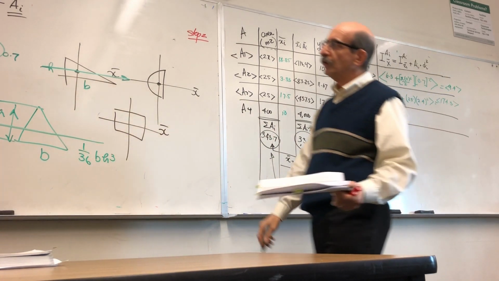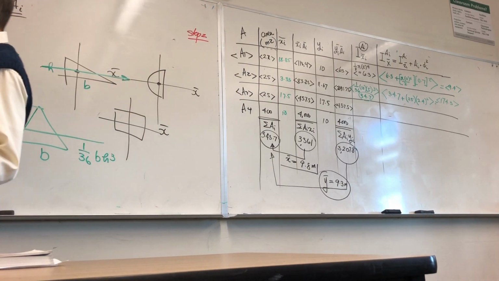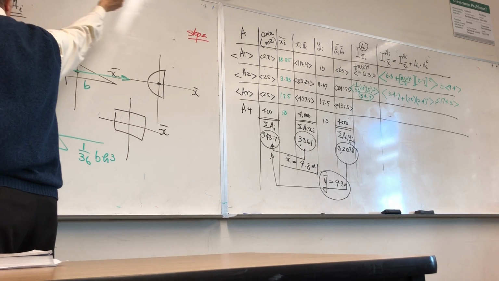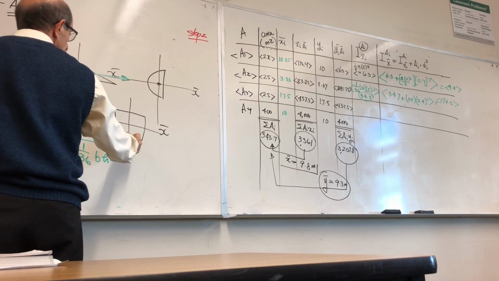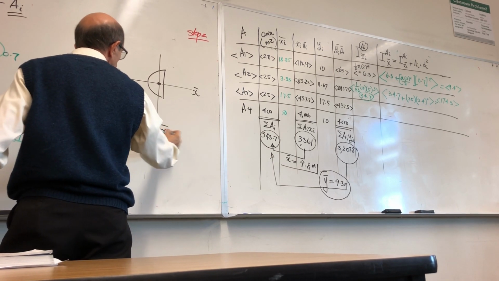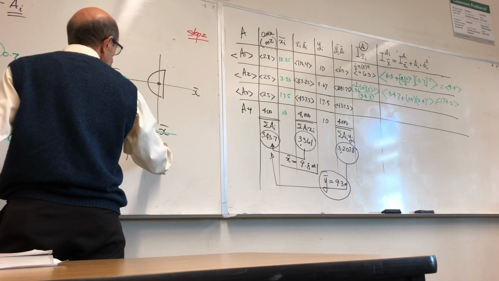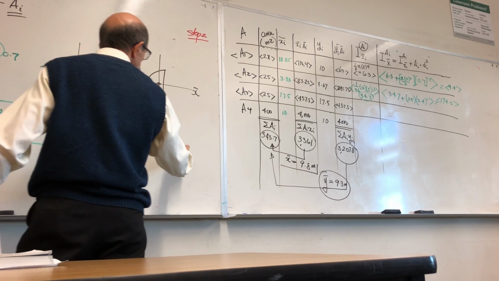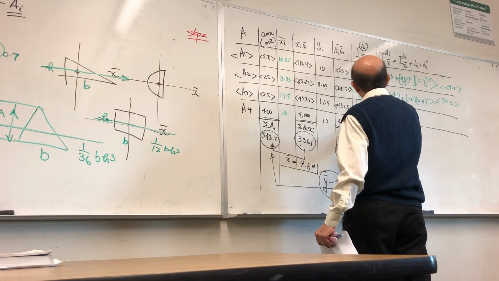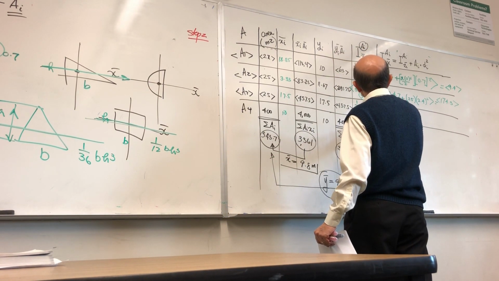You do the same for this guy. This is a rectangle, right? So if this is B, this is H. Moment of inertia of this guy about this axis is 1/12 BH cubed. So it would be 1/12, 5, 5 cubed.